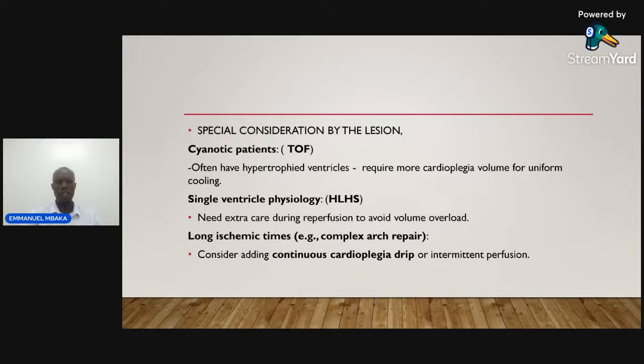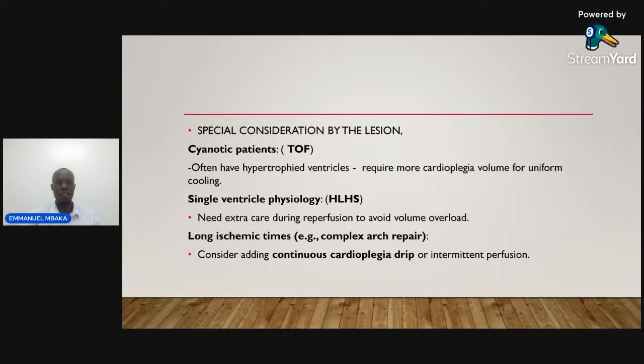There are special considerations by the lesion. As a perfusionist, you need to understand the lesion the patient has. It will also help you when you're giving your cardioplegia. For the cyanotic patient, those with tetralogy of Fallot, often they have hypertrophied ventricles. This means they require more cardioplegia volume for uniform cooling.